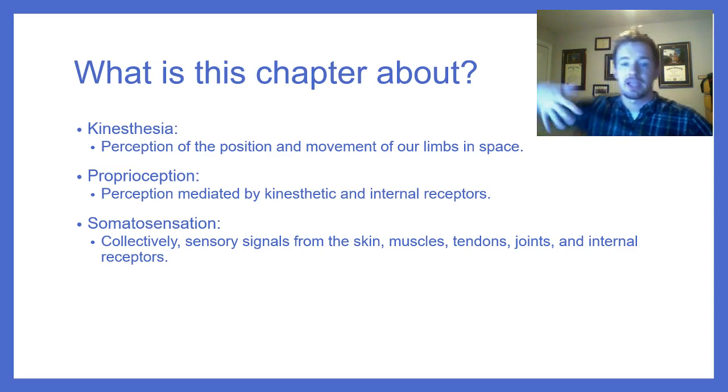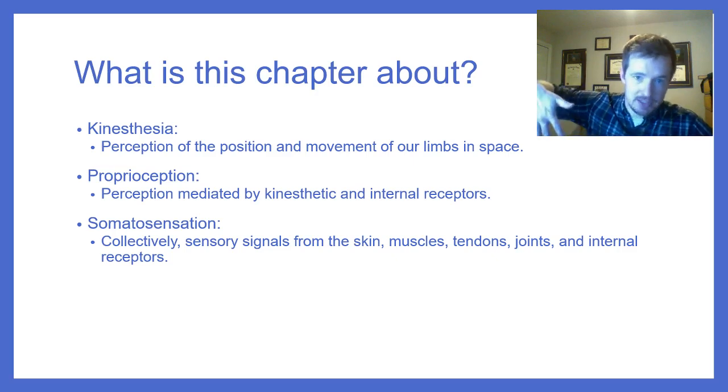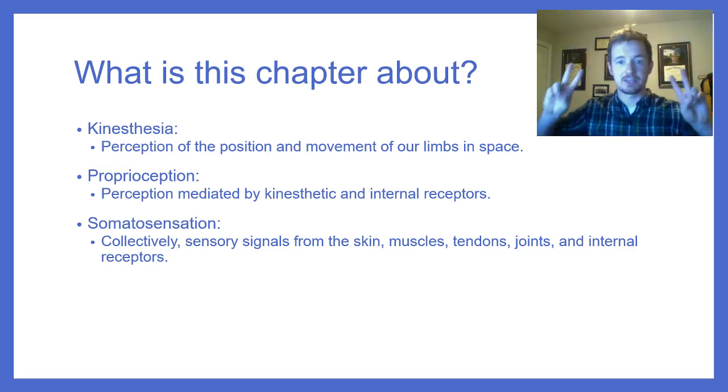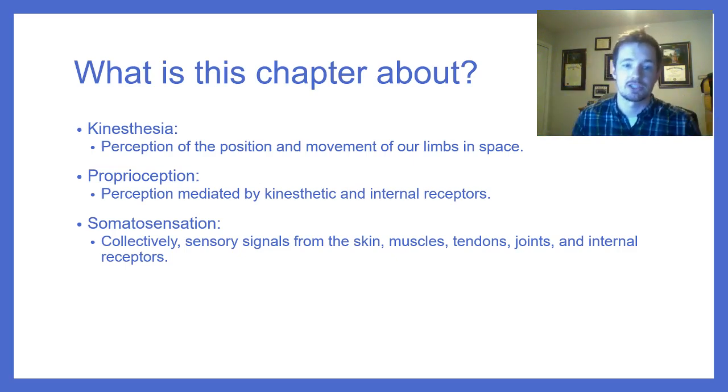And so if your hand is upside down, you know that your hand is upside down, right? But that's not something that the inner ear is taking care of. That's something that kinesthesia is taking care of. So knowing, without looking, how many fingers you're holding up, that's kinesthesia. Knowing whether or not your arm is outstretched, that's kinesthesia.